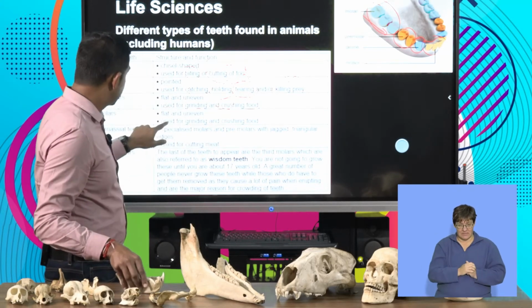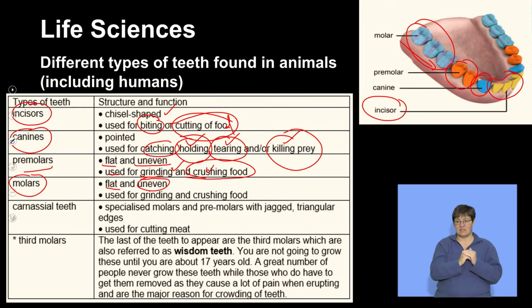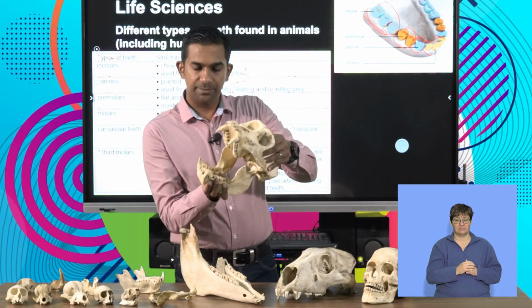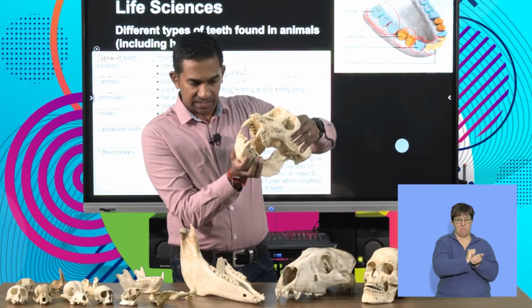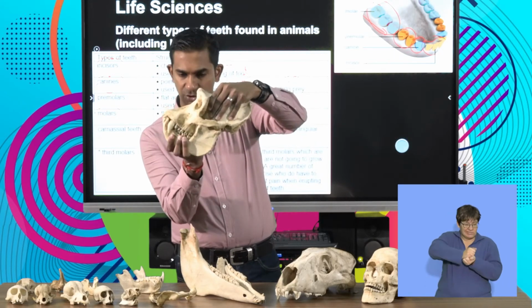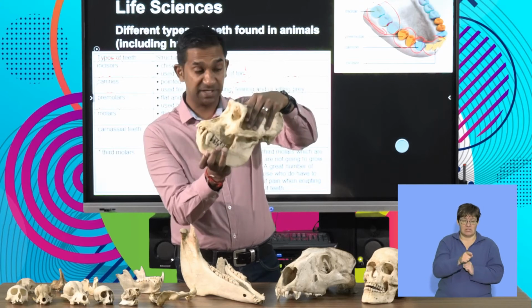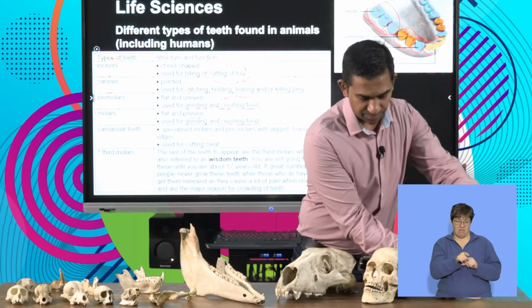These teeth are flat, with uneven surfaces. They're used for grinding and crushing their food. In the larger predators, you can see that they've got large molars, again allowing them to grind and crush, especially the bone structure in their prey.